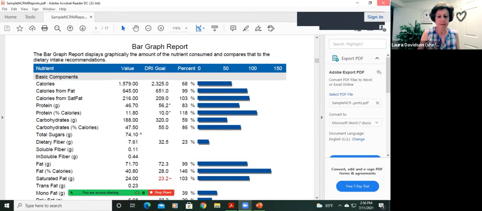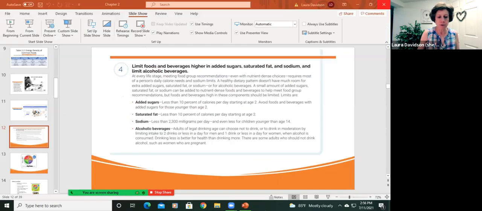So this math is not something you should skip over, and that's why we are practicing it. So we're going to use the whiteboard here. All right. So let's start with the sugar.